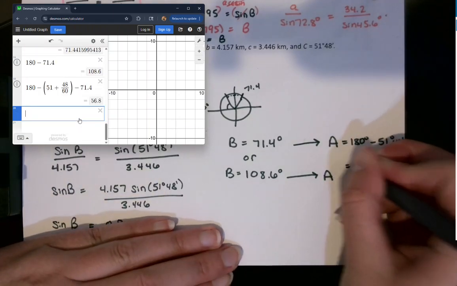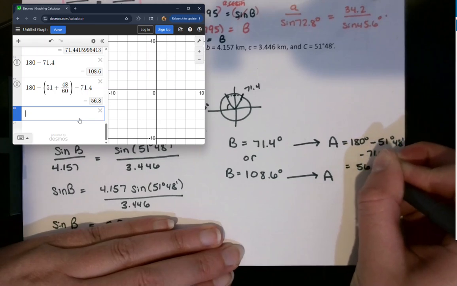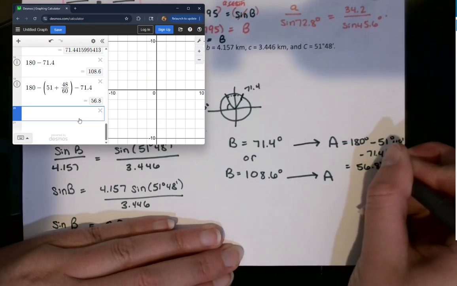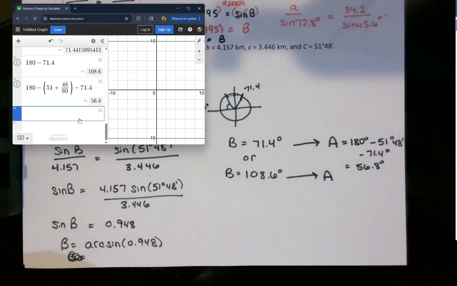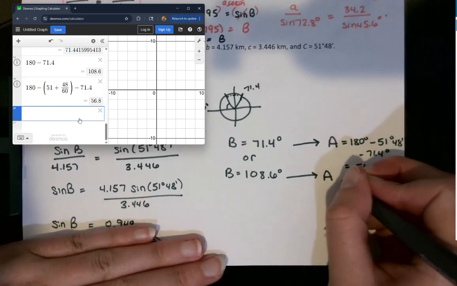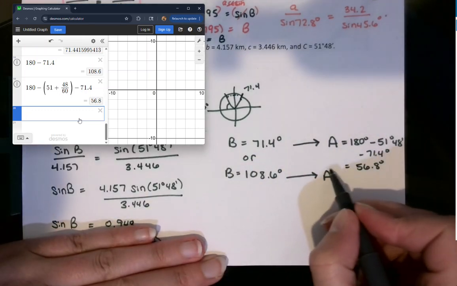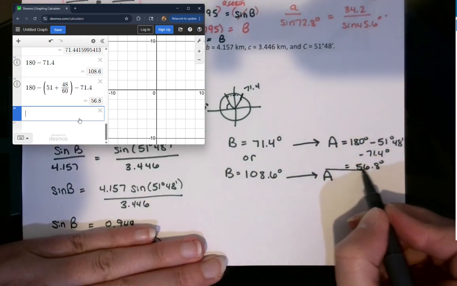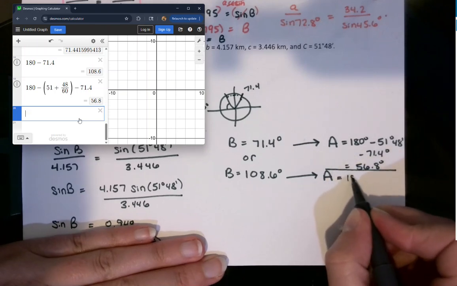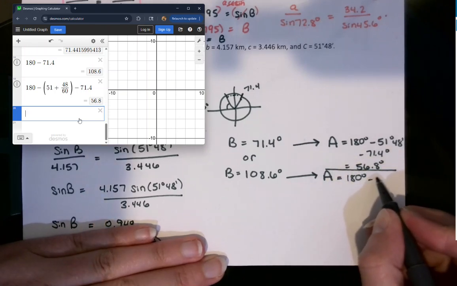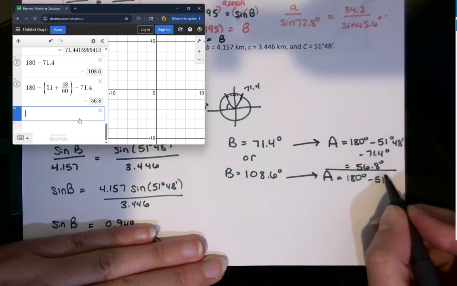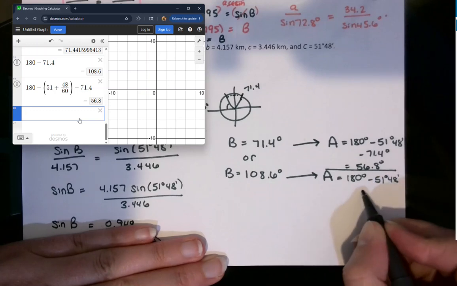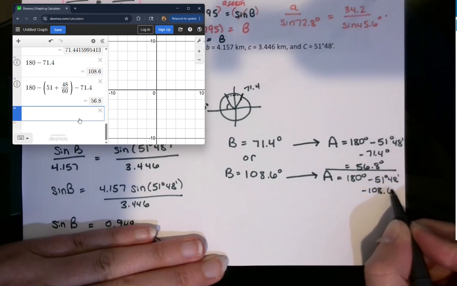In this case, the decimal version of the angle would be 56.8 degrees. In the other version, I would take 180 degrees minus the 51 degrees, 48 minutes, minus 108.6 degrees.